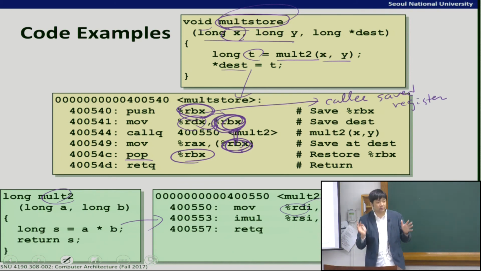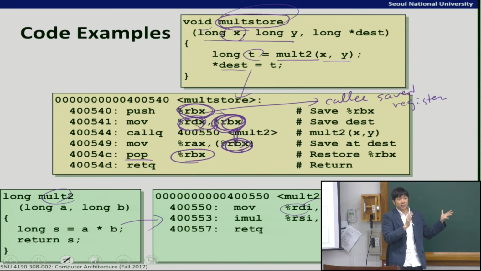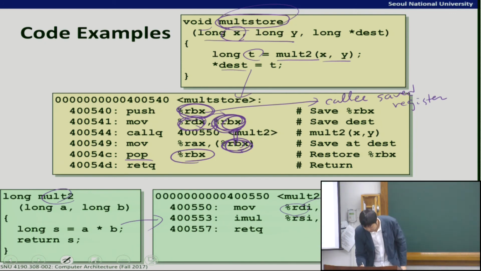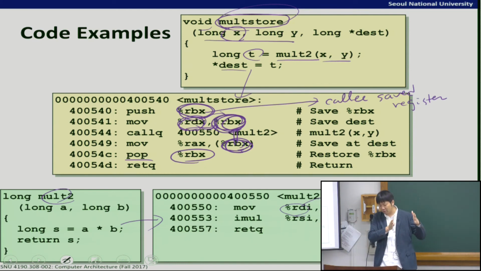But this property is not guaranteed for the RDX register. RDX is a caller saved register, meaning that it's okay for the callee to break the value, right? So if you don't move it to a callee saved register, this value can break across the function call.